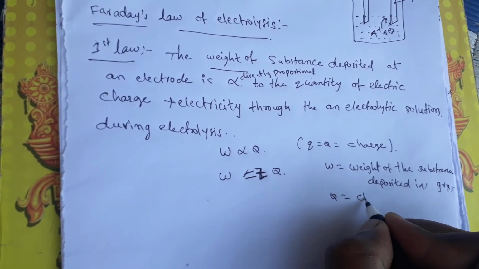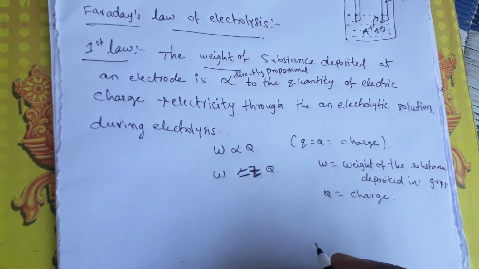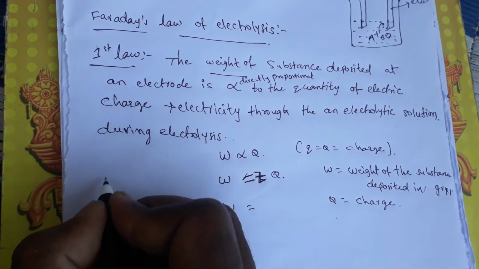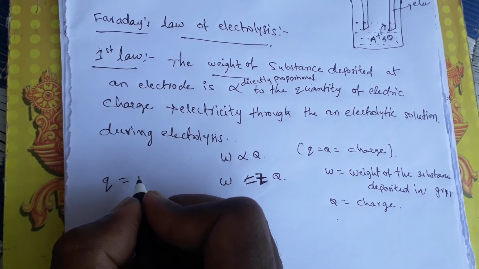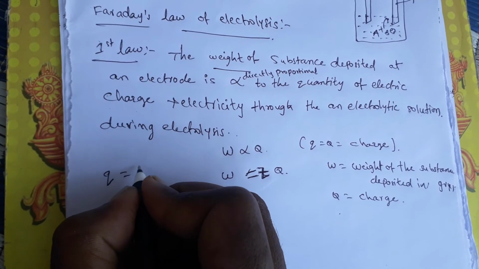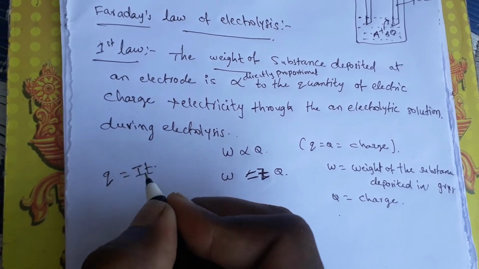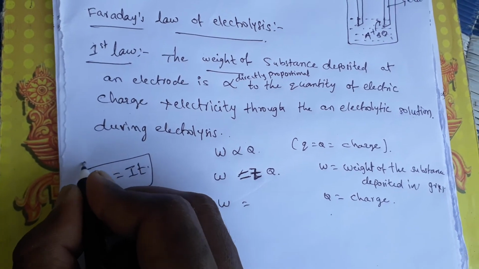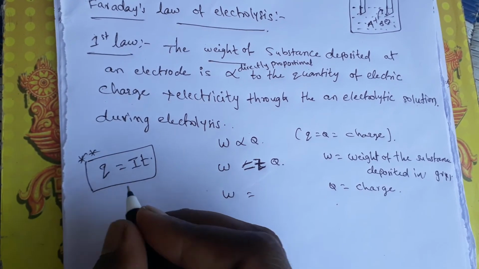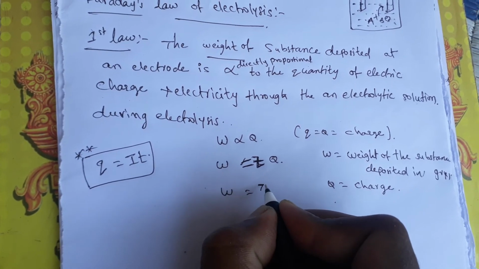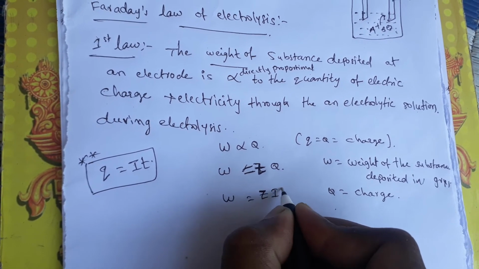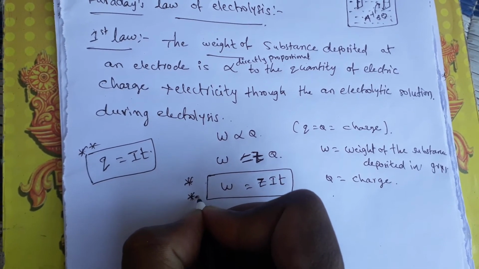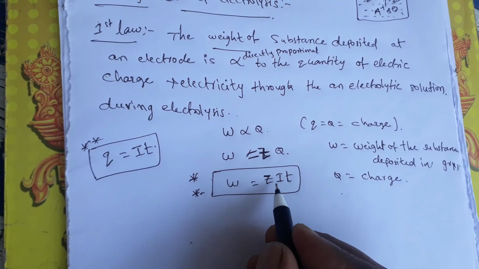We know that charge equals I into T, that is, current is how much charge is passed per unit time. So Q equals IT, and W equals ZIT. This is the relationship for the amount of substance deposited at the electrode.